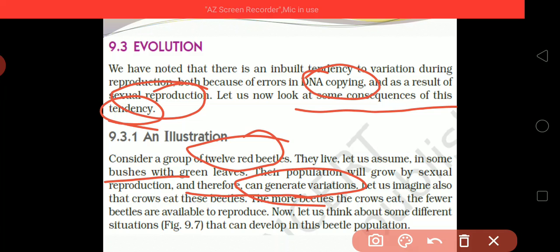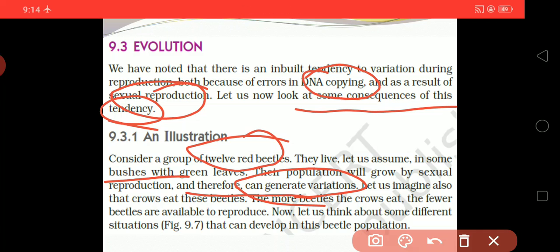By sexual reproduction, a single or a couple of red beetles get converted into a large population, the maximum amount of beetles.